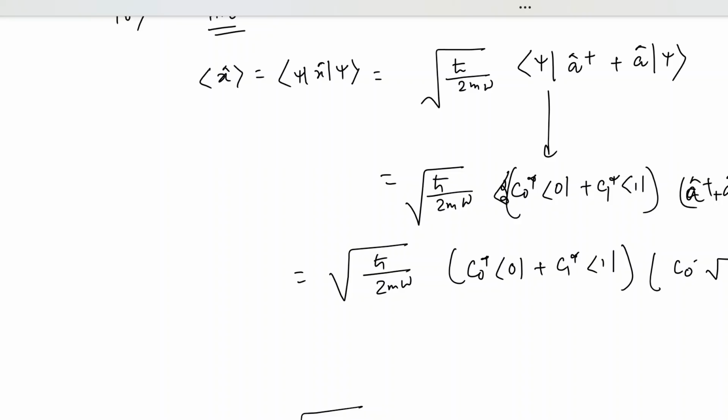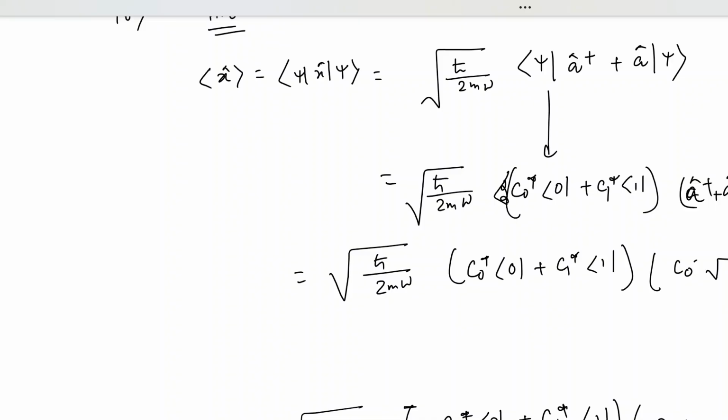So you have root over h cut by 2m omega, times (c0* ⟨0| + c1* ⟨1|) (c0 |1⟩ + c1 root 2 |2⟩ + c1 |0⟩), which is root over of h cut by 2m omega.